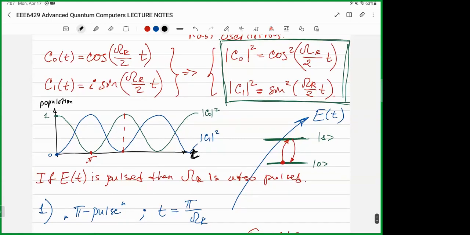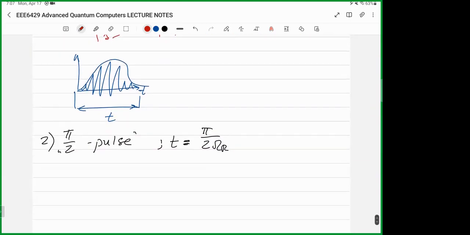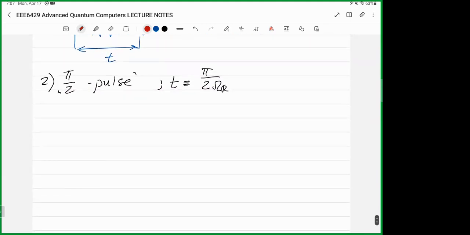So this point will be here. So this is the pi over 2 pulse, when the probabilities, or populations, are the same and equal to 1/2.